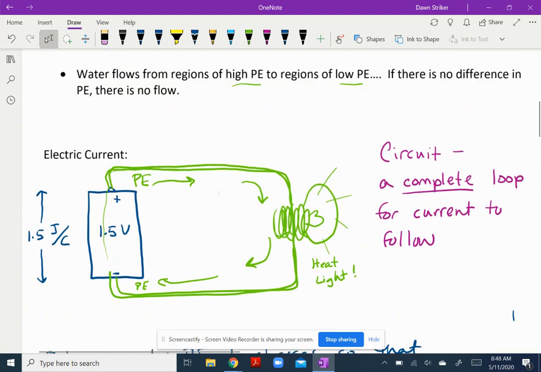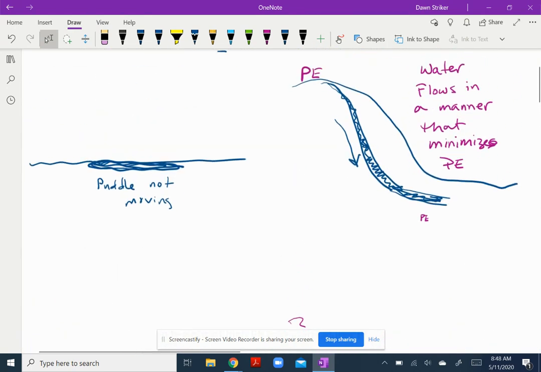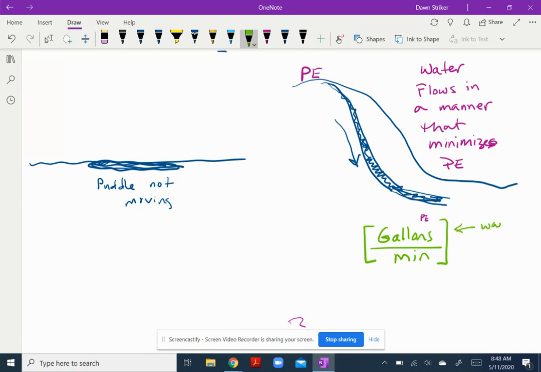Now think about the flow of water for a minute. If you had a plumber come in to your house and measure the flow of water out of your shower, he would probably be measuring it in gallons per minute, or maybe liters per minute or liters per second. But you'd have some measure of water up here, and you'd have some measure of time down here.